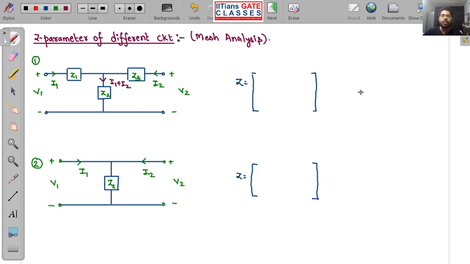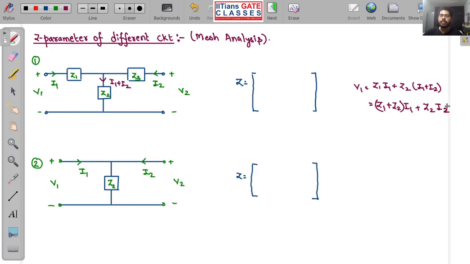If I am going to derive this, V1, if I start writing my KVL from here, V1 is equal to Z1 I1 plus Z2 into (I1 plus I2). If I open this bracket, it will be (Z1 plus Z2) I1 plus Z2 I2.